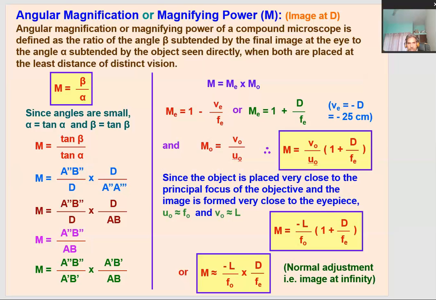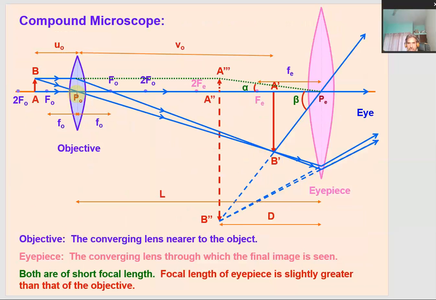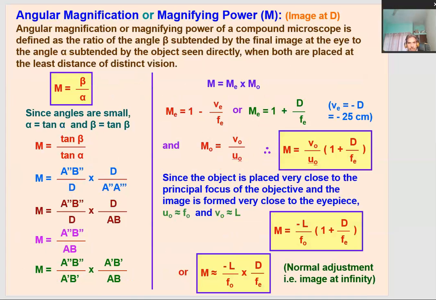It is the distance of this image from the object lens. This lies very nearly equal to the length of the microscope tube, the distance between the object lens and the eye lens. So v naught is very nearly equal to L.